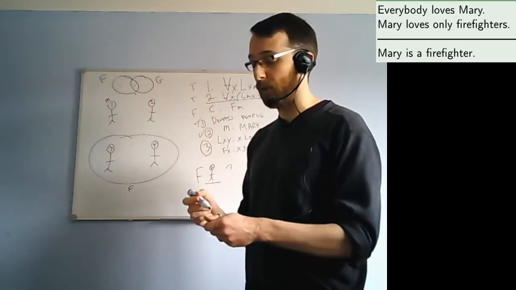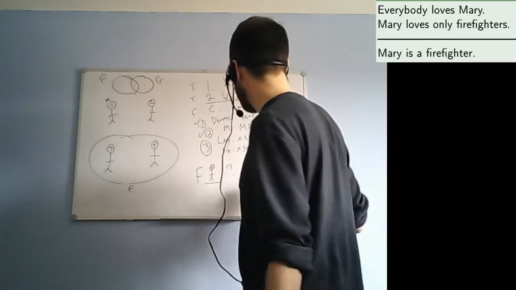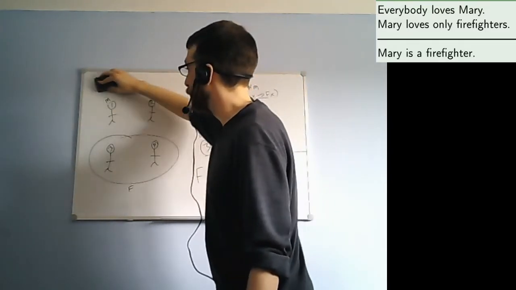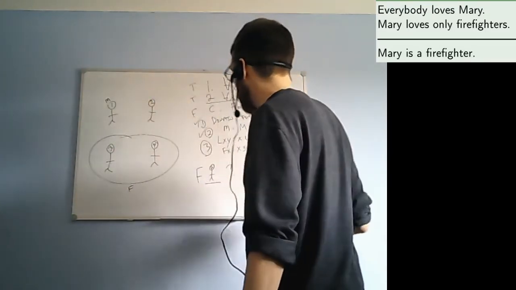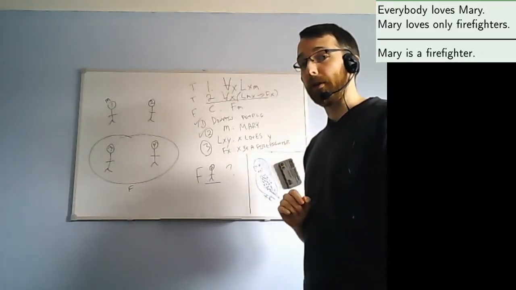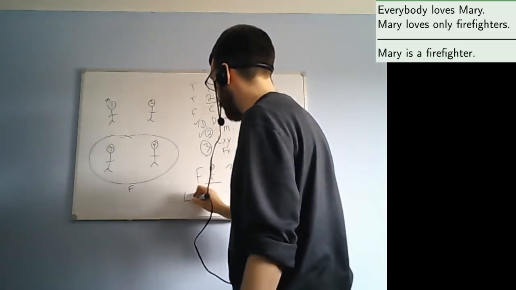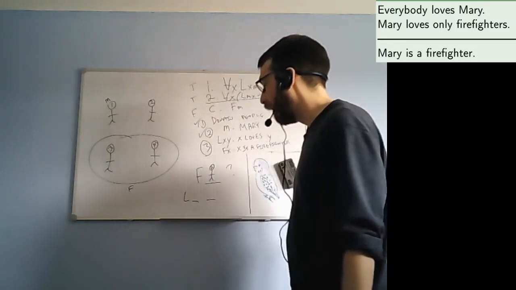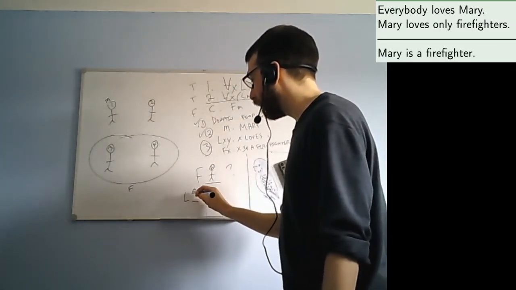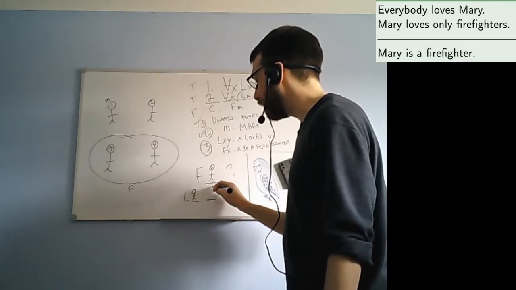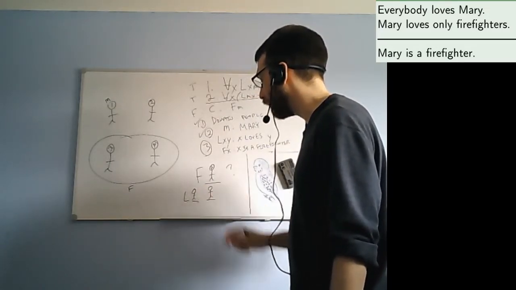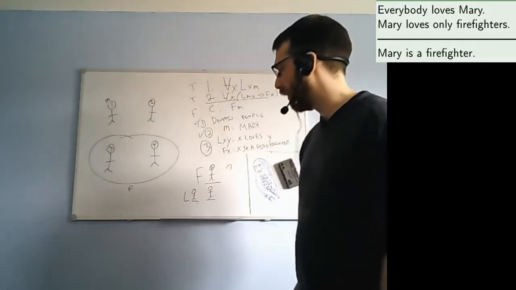That's the kind of thing that we do for one-place predicates. Okay, you just draw circles. Two-place predicates are more complicated. So when I've got two gaps, so L blank blank, I need to know for every combination of people, or every permutation of people, whatever.